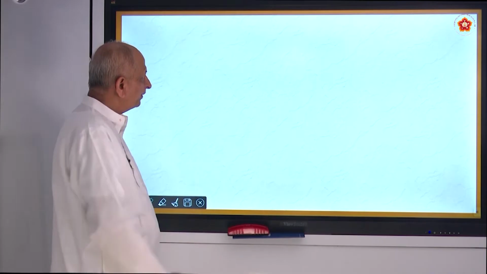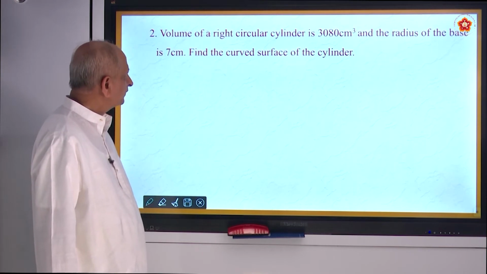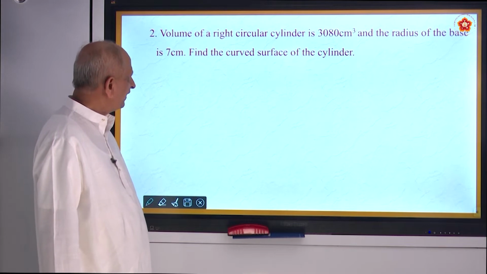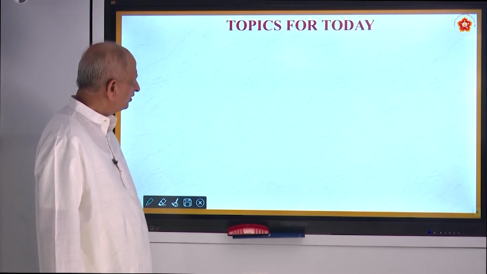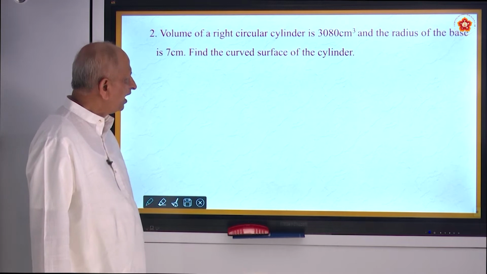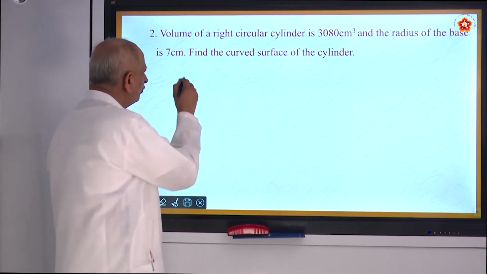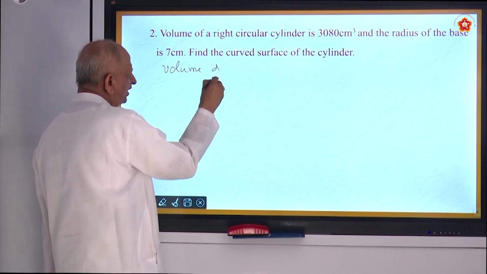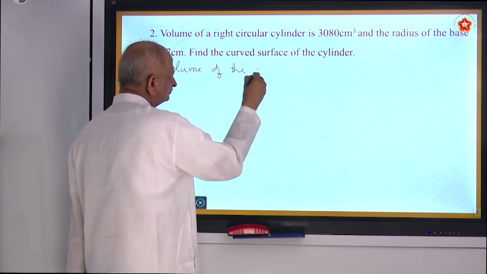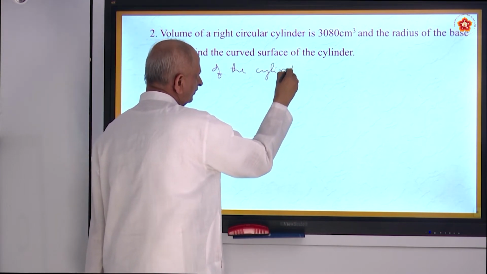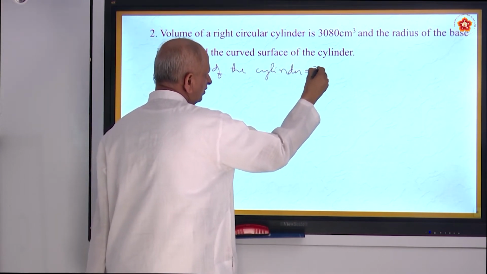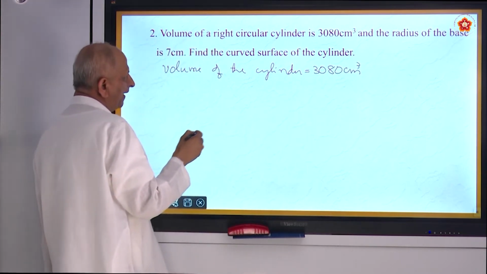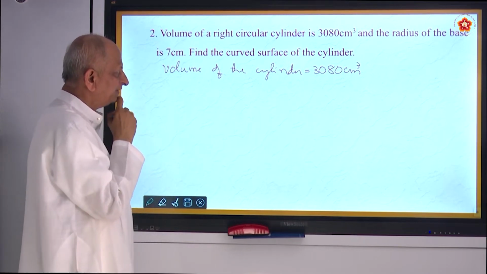Okay. Now coming to the next home assignment. Volume of a right circular cylinder is 3080. Radius of the base is 7. Find the curved surface area. So volume is given. Volume of the cylinder is 3080 centimeter cube. What is the formula? Pi r square h, right?